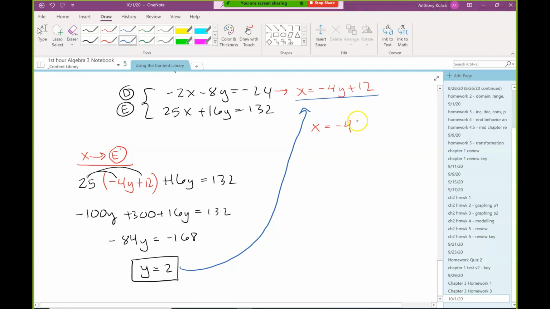So x equals -4 times y, which is 2, plus 12. So that's going to give me -8 plus 12, or x is equal to 4. Is everybody okay with that?